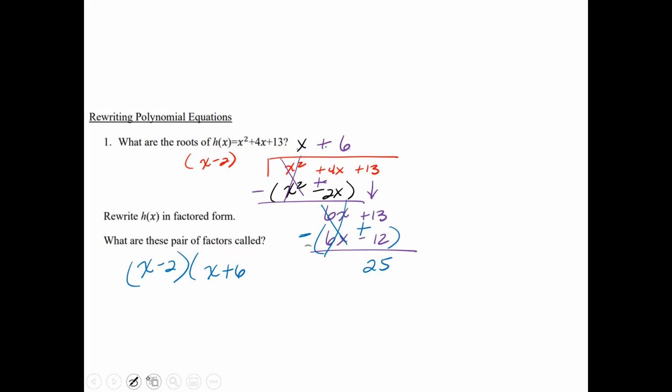But remember, you have a remainder here, so don't forget that: plus your remainder over your divisor, 25 over x minus 2. And that is your answer.